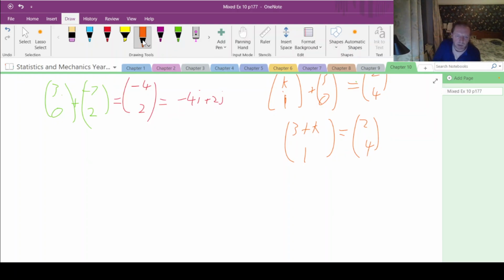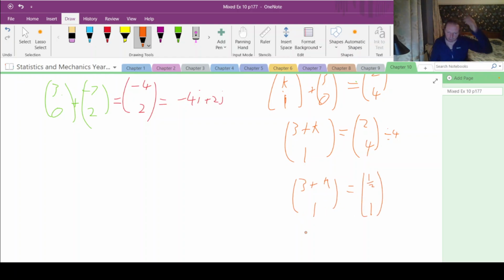And so when we start looking at that, we want to make it 4 times smaller. So if I divide that by 4, I'll get 3 plus k, not over, it's not a fraction, 1 is equal to a half over 1.